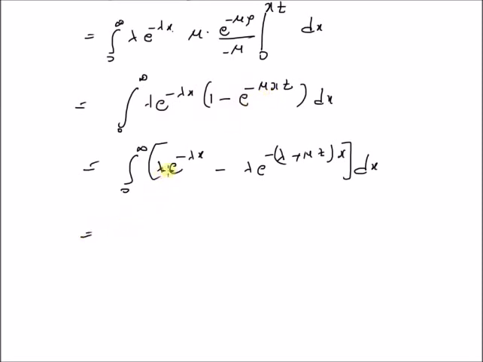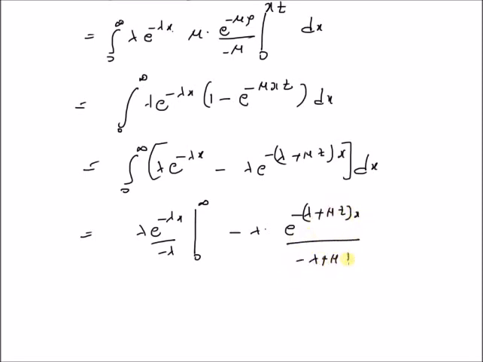So by integration of the first term, that is lambda into e power minus lambda x by minus lambda, the limits are 0 to infinity. And for the second term, we have minus lambda into e power minus (lambda plus mu z) into x, divided by this term minus (lambda plus mu z), and again the limits are 0 and infinity.